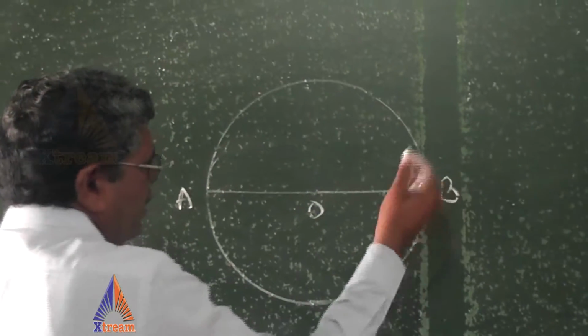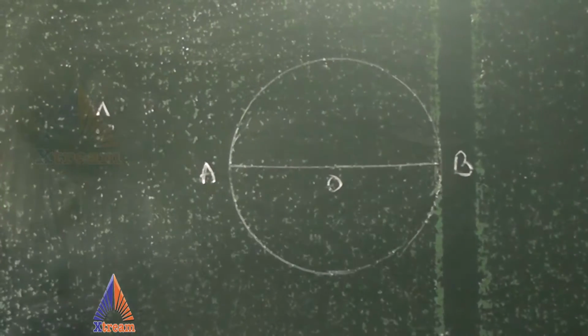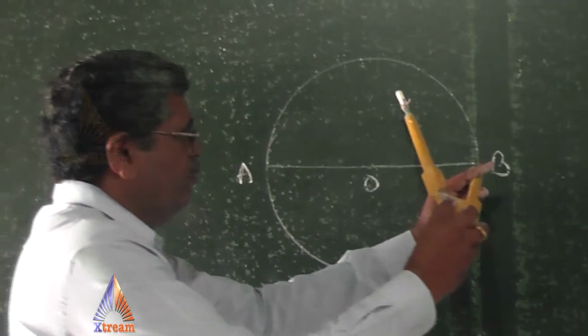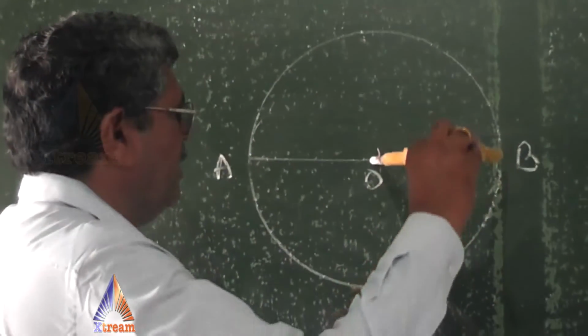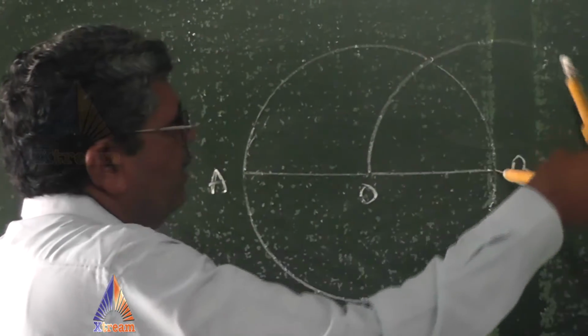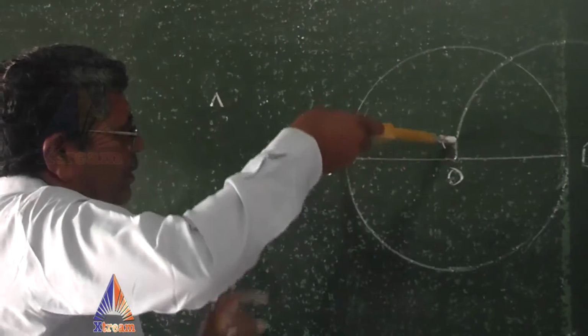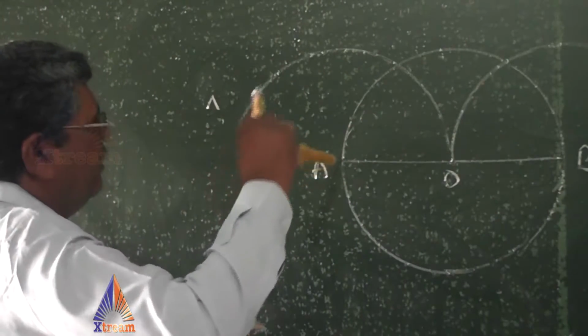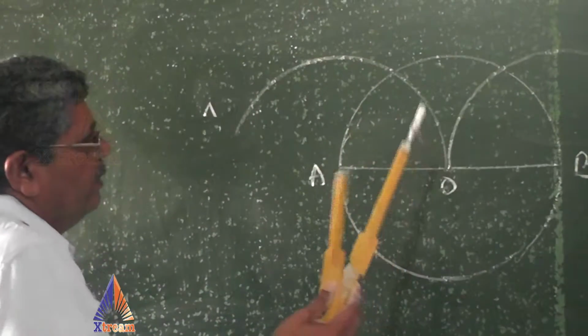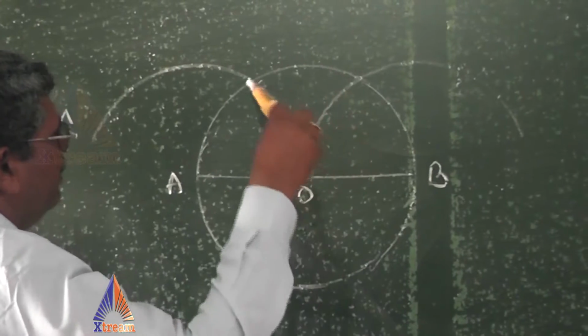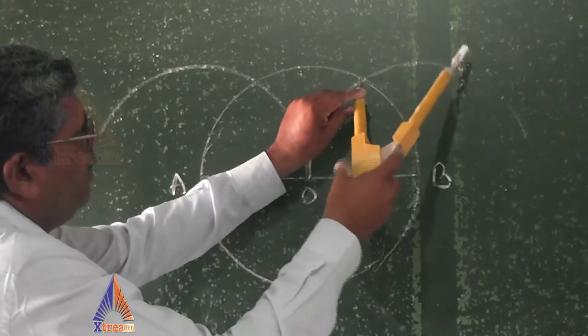Now all of you know that the diameter divides the circle equally. Now you can construct a tangent at the point A as well as B. At the points A and B, taking the same radius, you can draw one semicircle like this. Another one you can take. So after marking here one, then here, one mark.